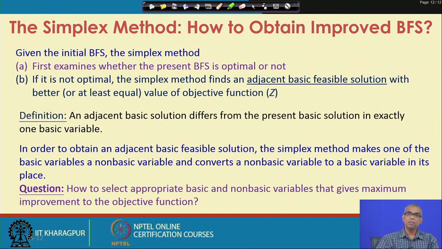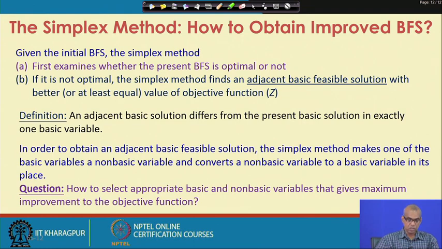You understand that an adjacent basic feasible solution differs from the present basic solution in exactly one basic variable. So, one non-basic variable will be converted to a basic variable and one basic variable will be converted to a non-basic variable.